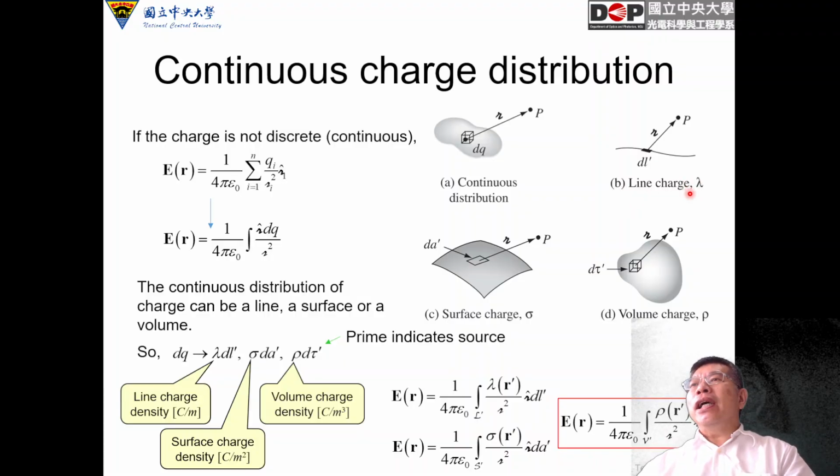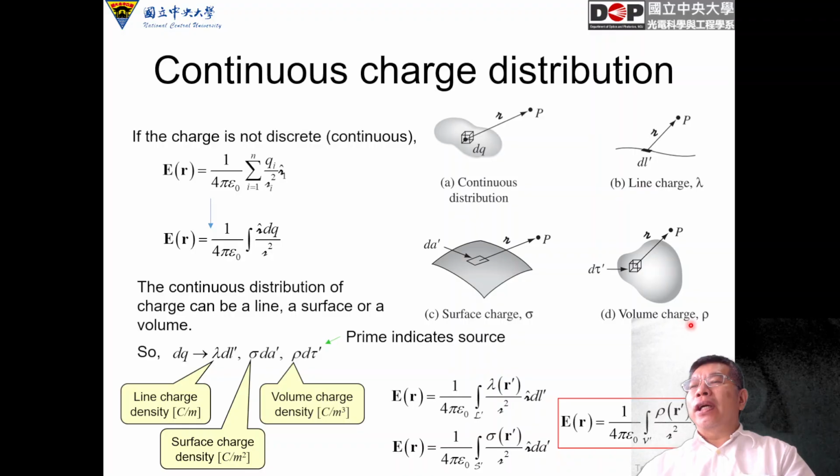If the charge is distributed along a line, we call it a line charge. Likewise, if the charge is distributed on a surface, which is usually the case for a metal surface, we have a surface charge. Here lambda is the line charge, and we use sigma as the surface charge. So we have a surface containing charge that contributes to the observation point, and still the distance is r.